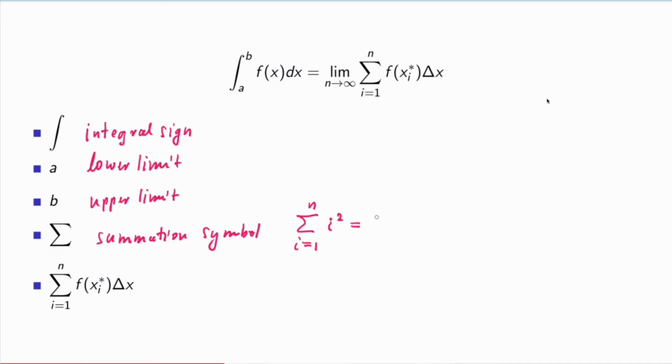So meaning, if i is 1, then I have 1 squared. If i is 2, then I have plus 2 squared. If i is 3, then I have plus 3 squared plus, and the last one is called n, so then plus n squared. So I build the sum of all these expressions where the i arises as a symbol.